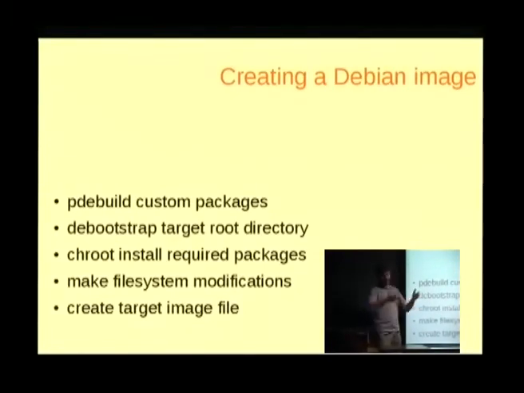So then you have your custom packages, and then the Debian repositories for all the normal binary packages, and then there is a tool, debootstrap, that allows you to make in another root environment a Debian system, a root file system. So you use that, then you chroot into it and apt-get install the required packages. Then finally, if you have some tweaking to do, you make some file system modifications.